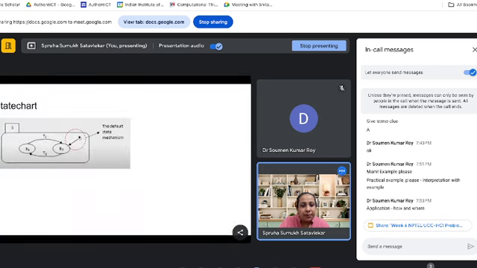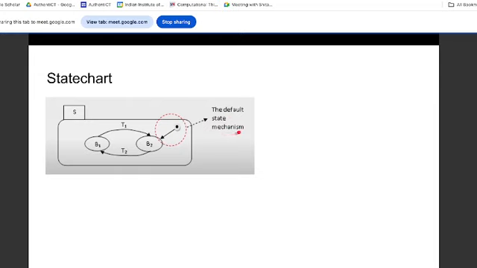To give you an example, again we will talk about that bulb example. Initially the bulb was supposed to be off, so b2 represents the off state. We enter the off state, so the default state is remembered. We perform some operation, we click the switch on, and then it enters the on state, b1 state.